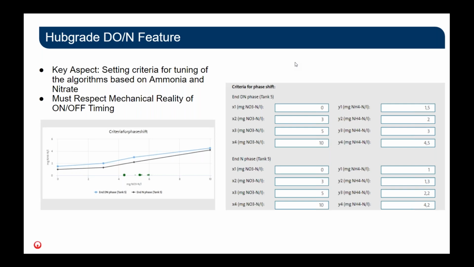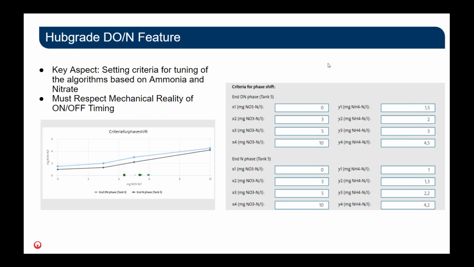So whenever we're going into an opportunity, it is important to understand those realities, and the overall setup of the system would build that into the algorithm and keep that in mind, so that mechanically the aeration system doesn't get into trouble by trying to start and stop blowers way too often.